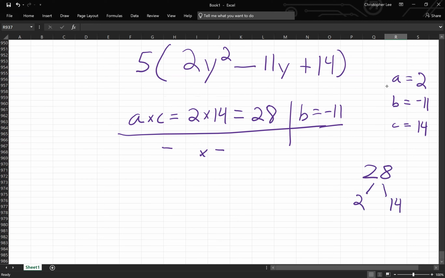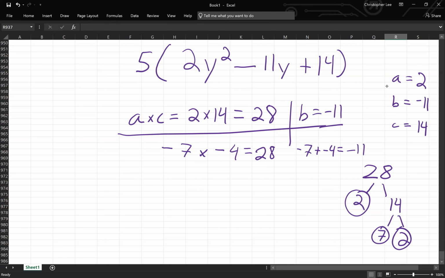That's where we came from. 2 is prime. Break down 14. 14 is 7 and 2. So all you have to do is play with those three numbers to get it. 7 and 4. So negative 7 times negative 4 is 28, and negative 7 plus negative 4 is negative 11.